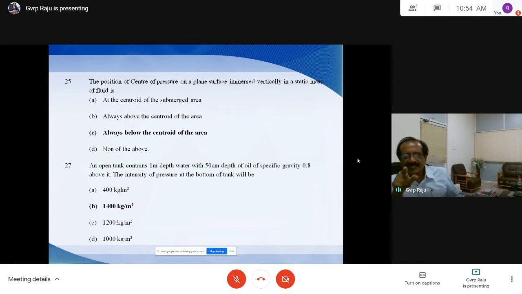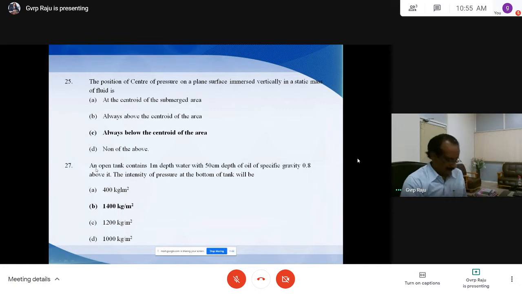He is asking the surface is vertical and also mentioned static mass, because this is only for fluid at rest condition. And the center of pressure is always below center of gravity. This particular question definitely we can expect in GATE. So center of pressure is below center of gravity. Okay. The answer is C.